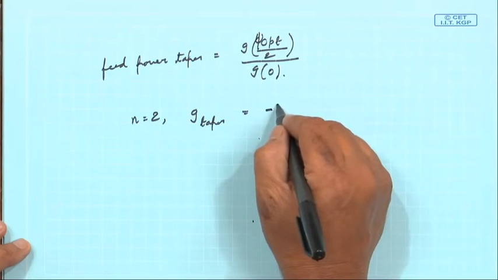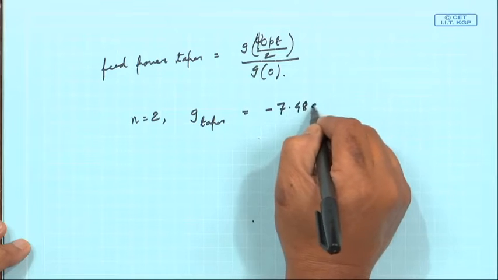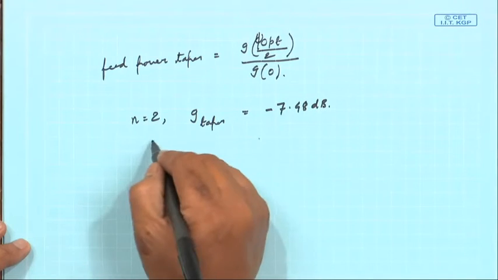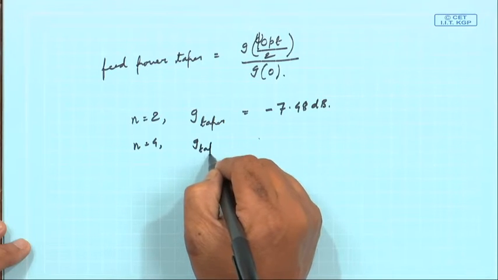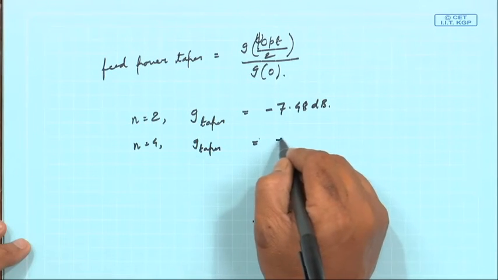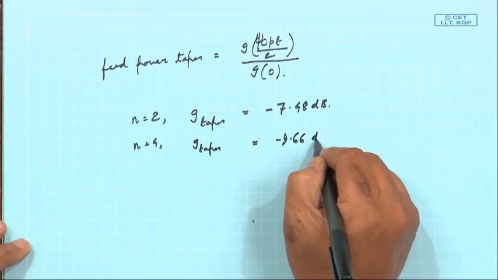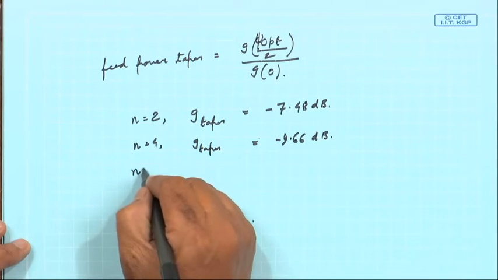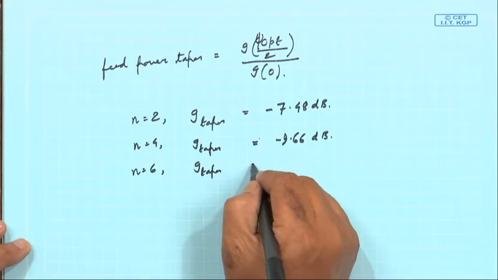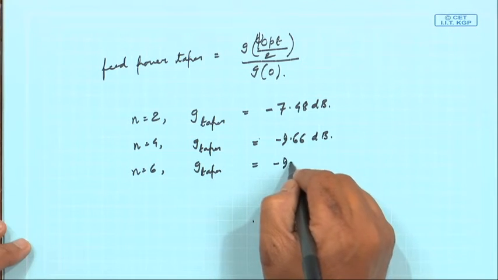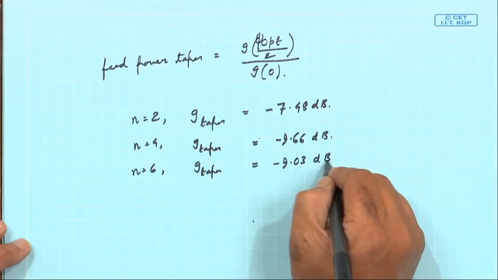So, this becomes minus 7.48 dB. For n equal to 4, G taper becomes minus 9.66 dB. For n equal to 6, G taper becomes minus 9.03 dB.